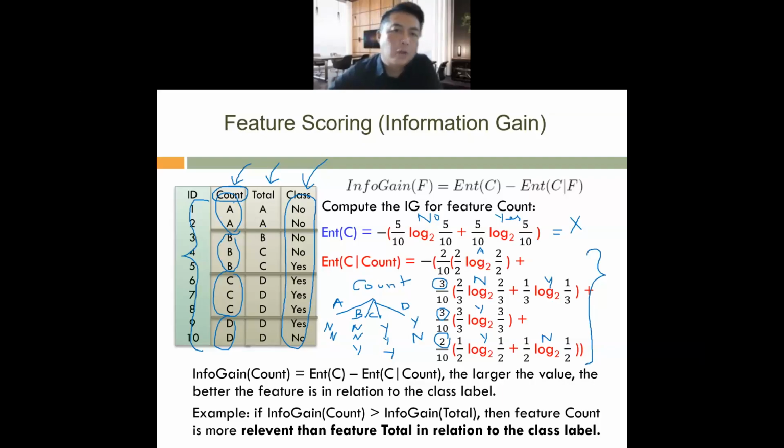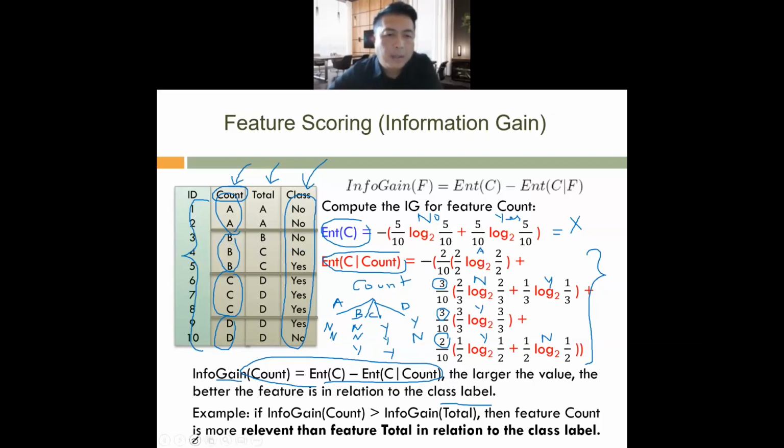Okay, so to compute the information gain, we take this initial entropy minus this. Okay, so this is the formula. Okay, the larger the value, the better the feature is in relation to the class label. So we always look for the highest one.